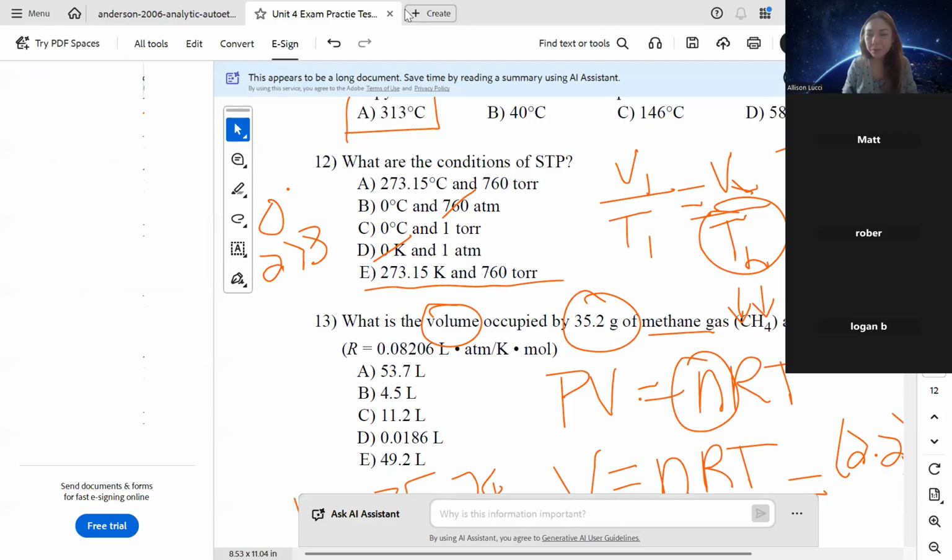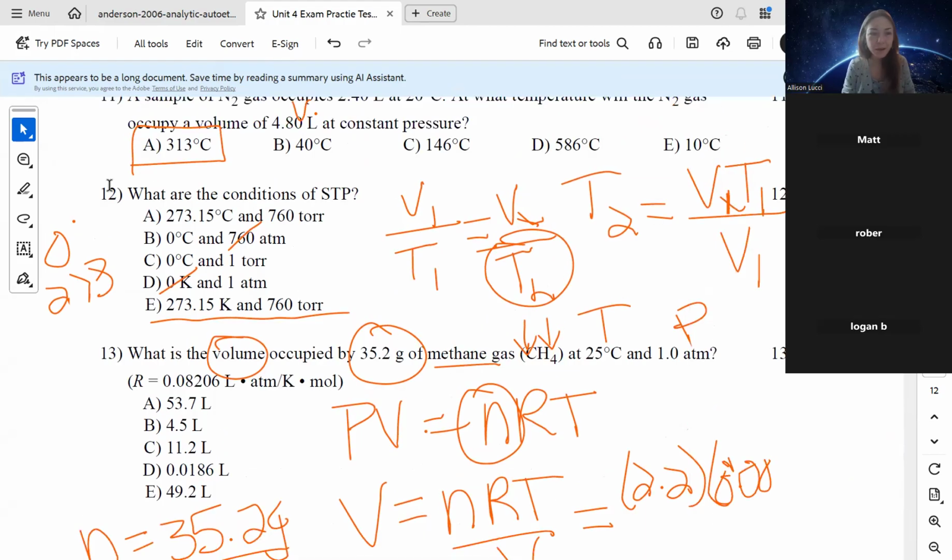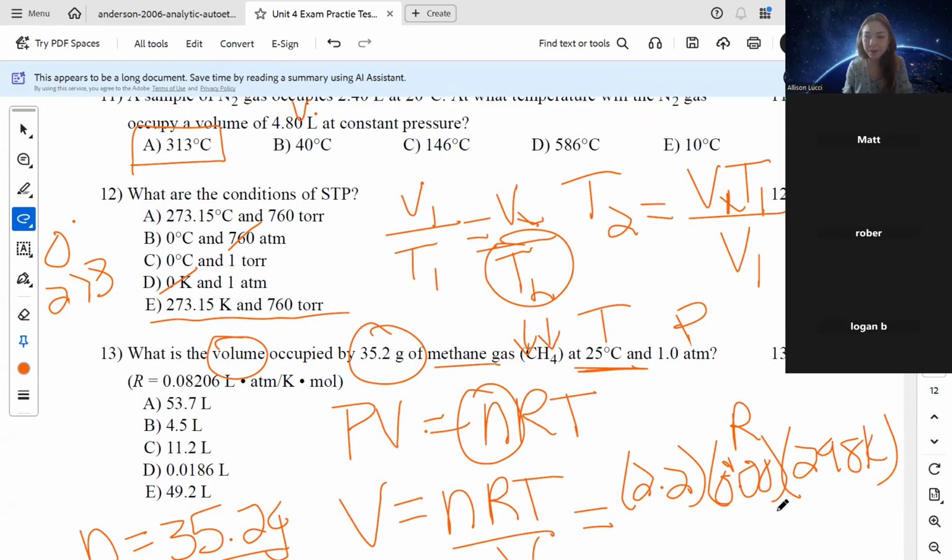All right, so we were plugging in. I'm just going to write the R value here, just the letter R, but we know that it's 0.08206. And then we know that we have 25 C, so we actually have 298 K. So I have my n, my R, which we know we will plug in 0.08206, my T, and then my pressure should be on the bottom.